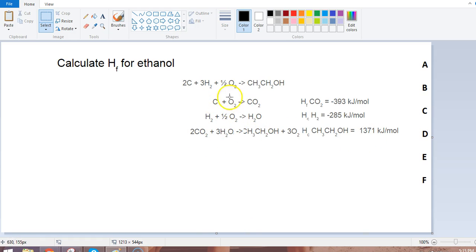I'm going to have to double all of these. And so let's copy this 2 here. I'm going to have 2 C's, 2 of these O's, and 2 of these carbon dioxides.